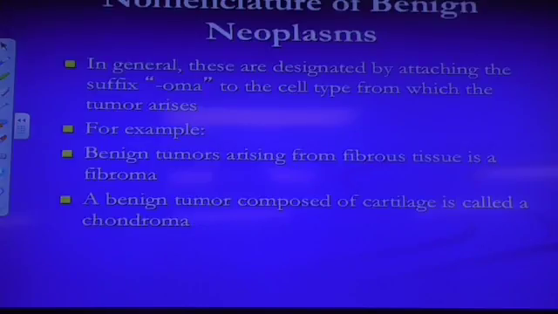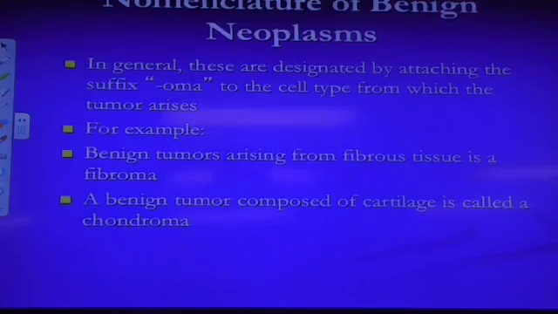And these are some examples. Fibroma. Could you explain that one more time? Sure. Malignant tumors of epithelial cell origin are called carcinomas. So if you pick any epithelial cell tumor, like a malignant tumor of the urinary bladder, and you know the urinary bladder is lined by transitional cell epithelium, what do you think the name would be?